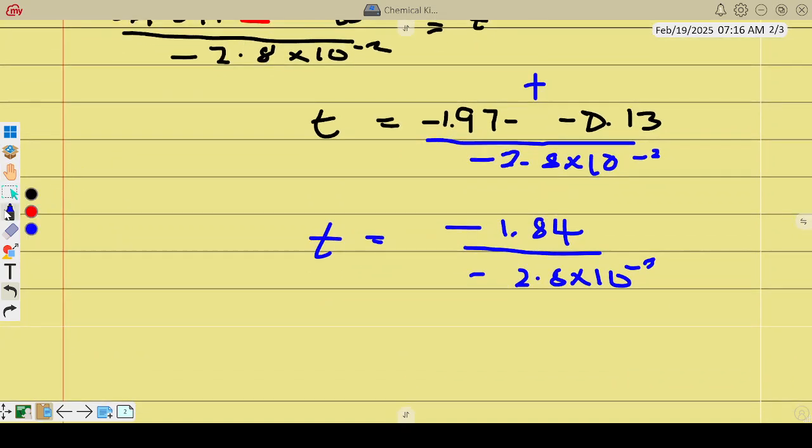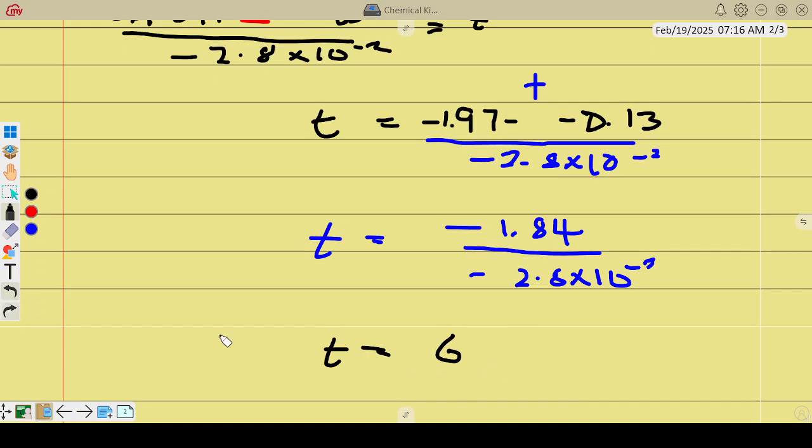So our time will be, when you divide, what are you getting, you people? Negative 2.8 times 10 power negative 2. I'm getting 65.